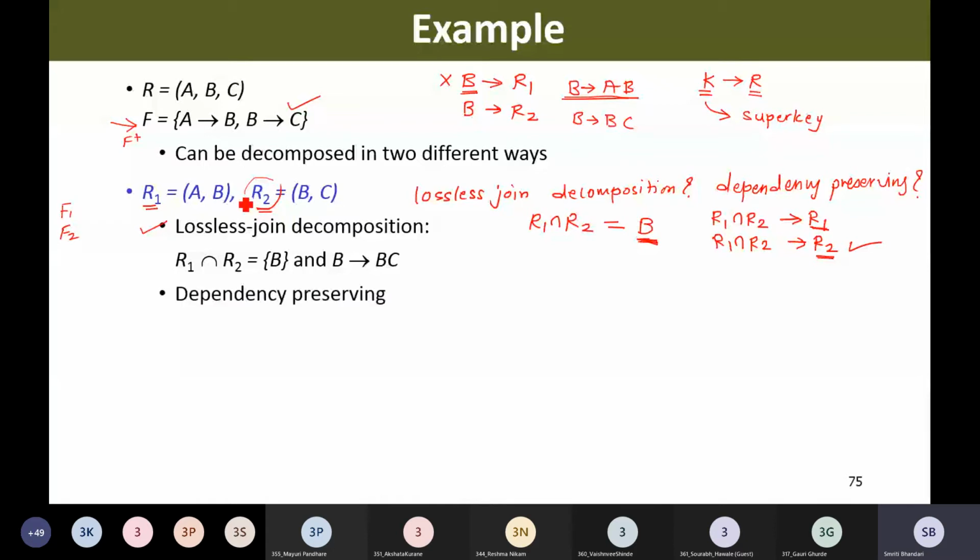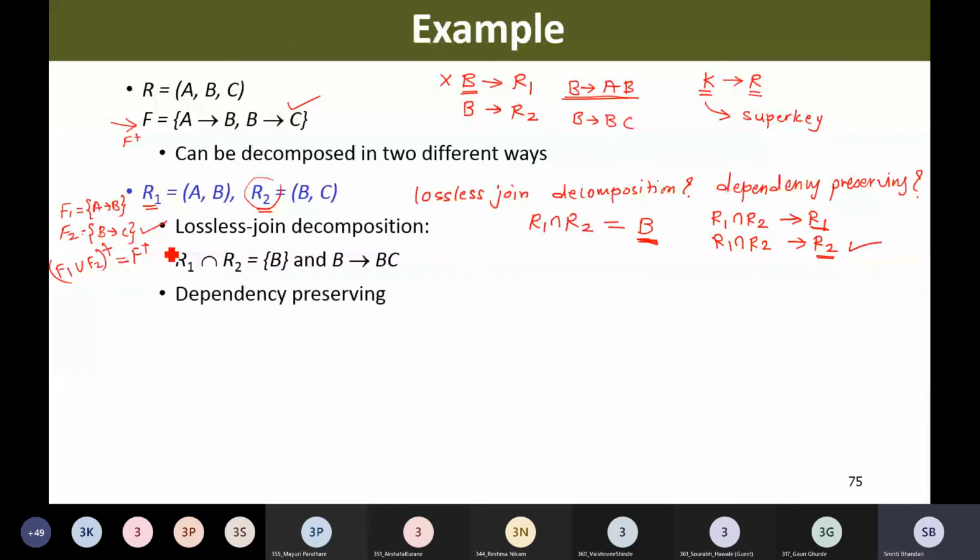Now, if we try to find the dependencies, here I have A to B, and here I have B to C. Is that correct? Yes. So if I compute the closure of F1 union F2, it will provide me F plus.